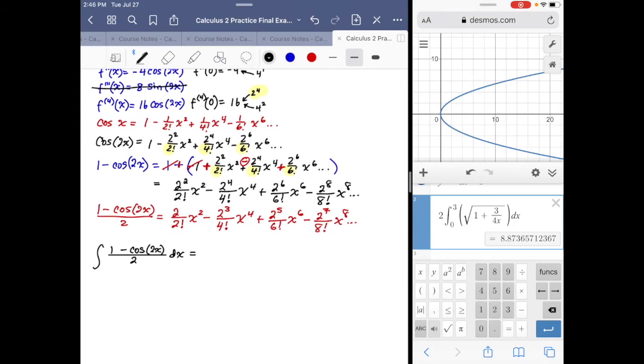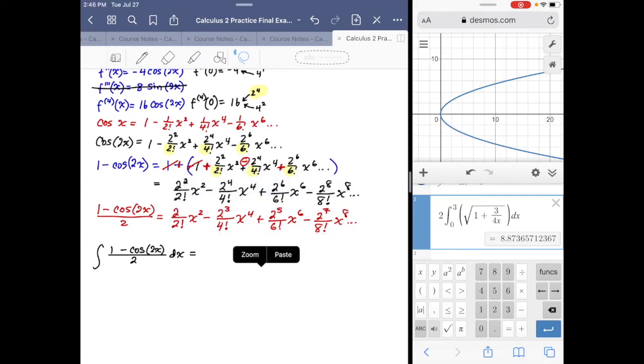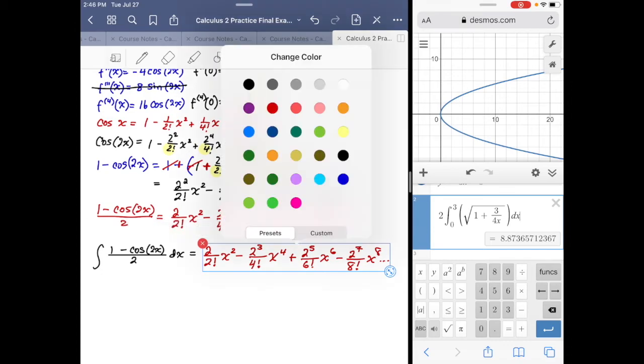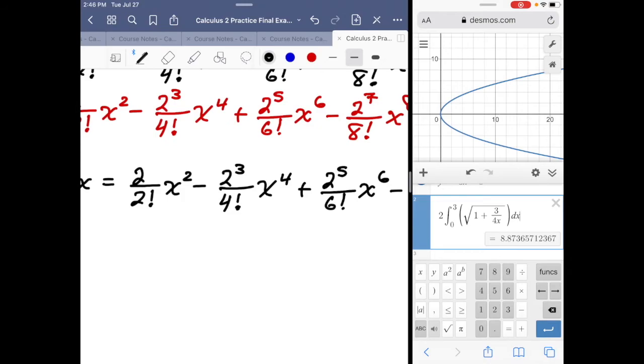All right, so I'm going to copy paste again. So increasing the exponent by 1 makes a 2 into a 3. Divide by the new exponent.